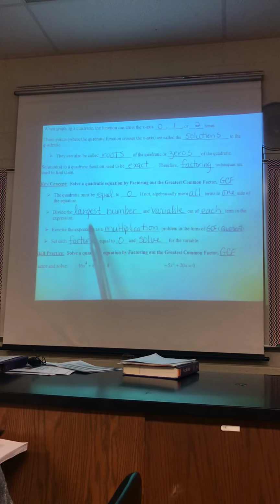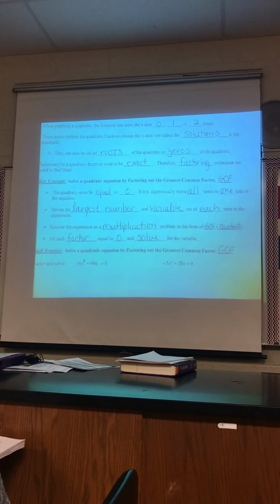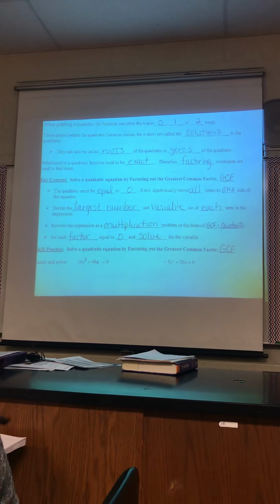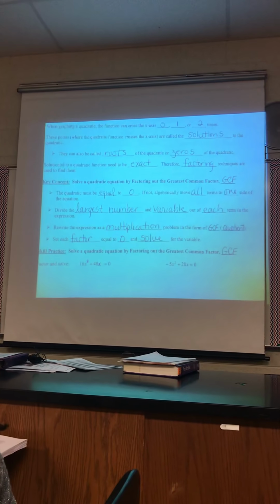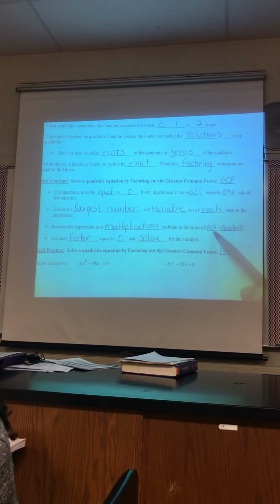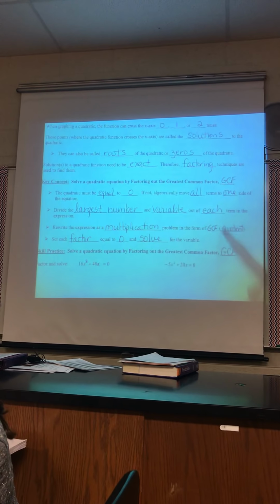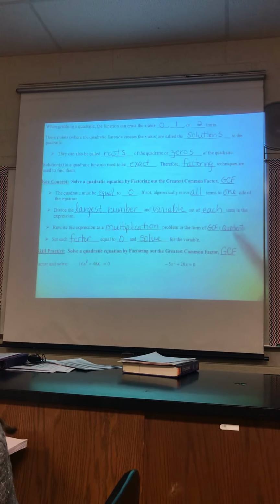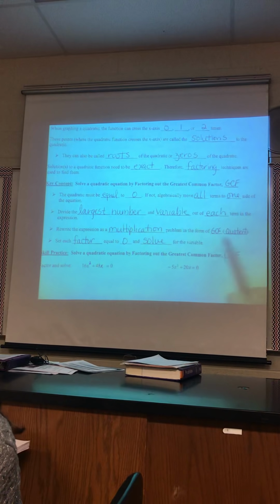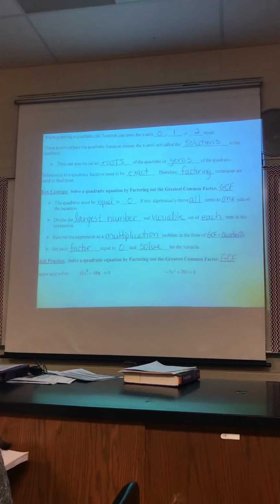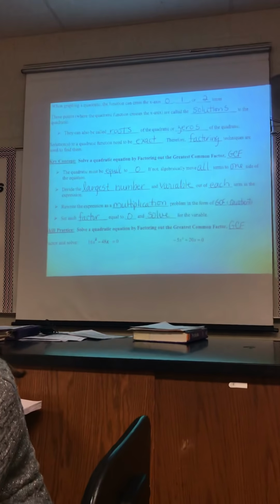We have to divide the largest number and variable out of each term. When you do that, we're going to take that GCF and write it as a multiplication problem. That GCF is on the outside, and the quotient, whatever we're left with, is on the inside of the parentheses. Both of these are called factors. We're going to set each factor to 0 and solve for the variable.